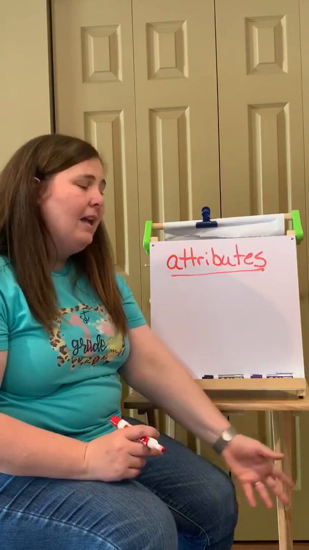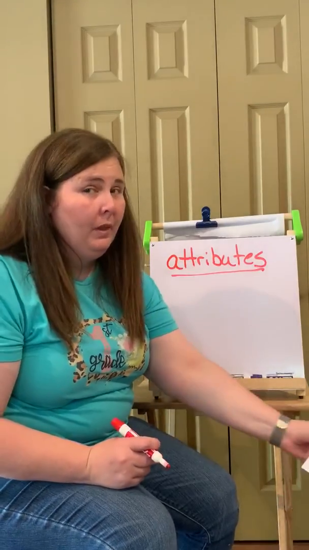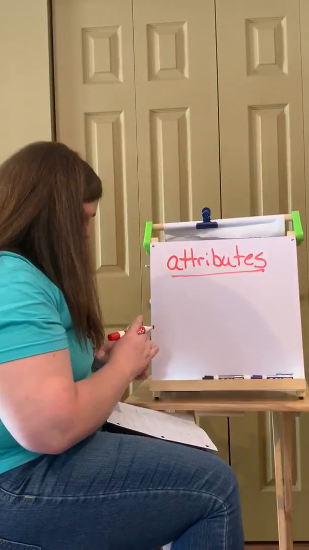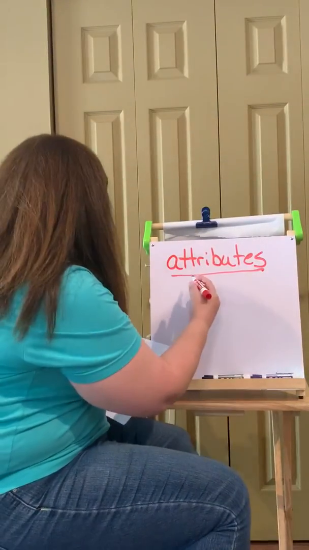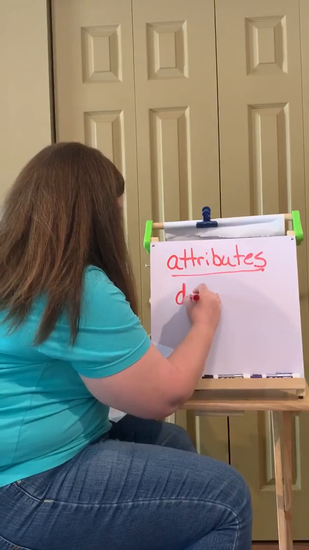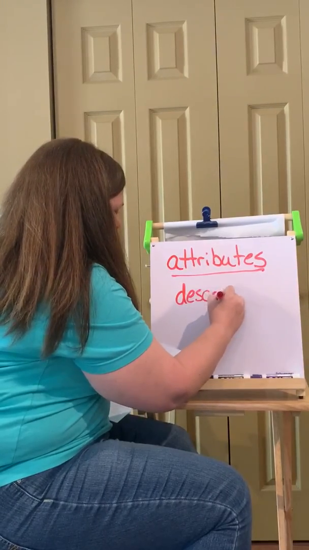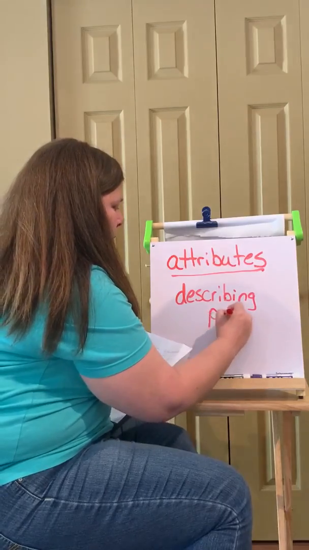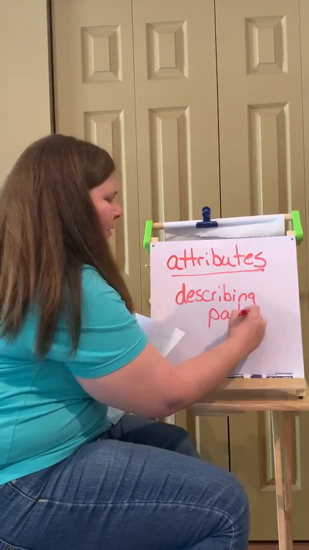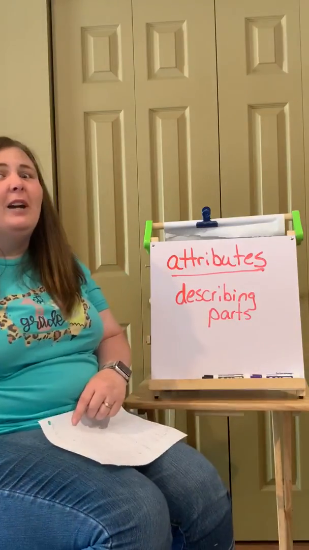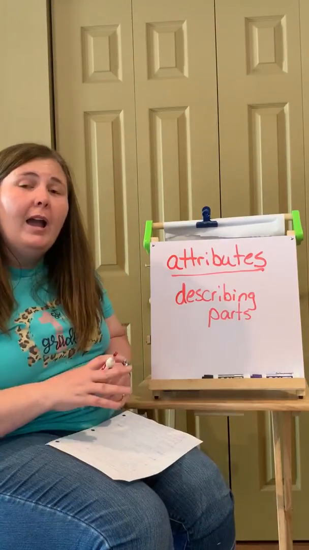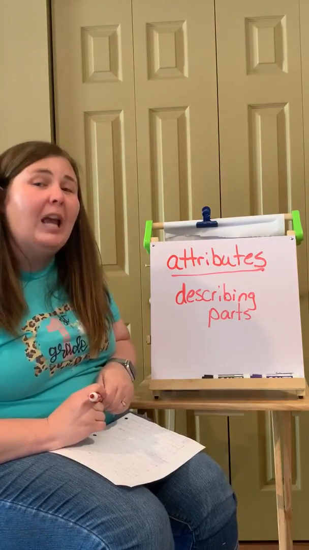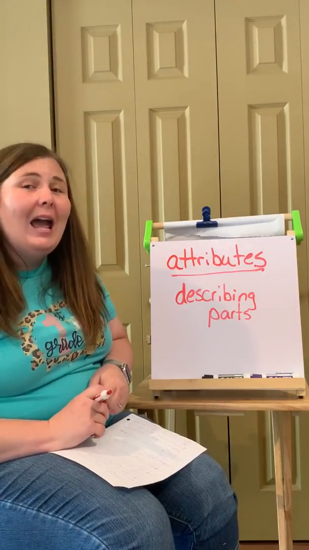Attributes is a big word, but all it means is describing parts. We talked about describing words when we're writing, but we're also going to have some describing parts when we're talking about shapes, and those are called attributes.